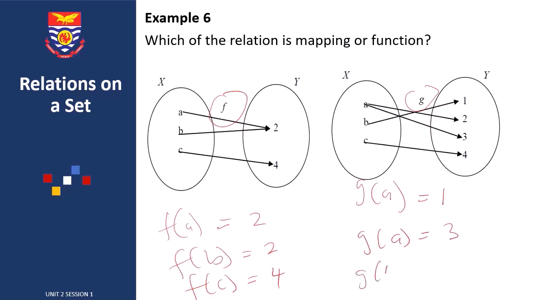Then g(b) equals 1, and g(c) equals 4. What is making g not a function is this: you are saying g(a) is 1, and at the same time you are saying g(a) is 3. So which is which? Because it contradicts itself, that makes it false. So g is not a function. Find more examples in your course material, because there are a lot of examples there.